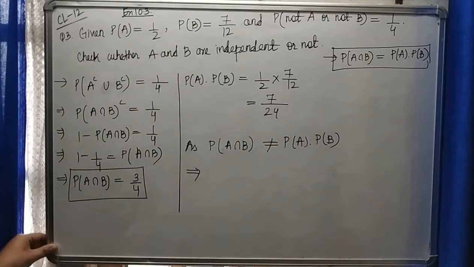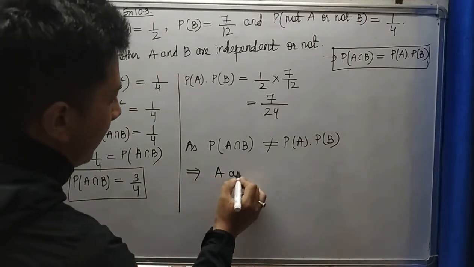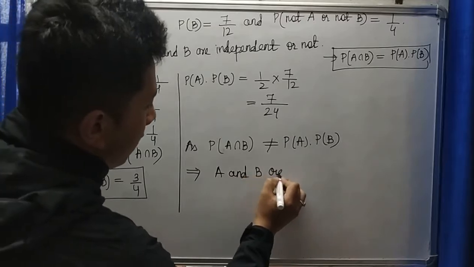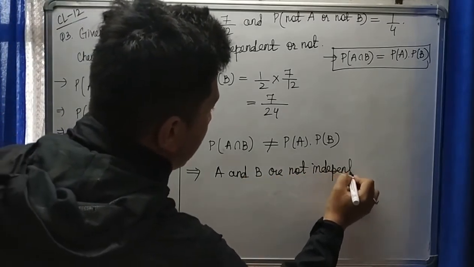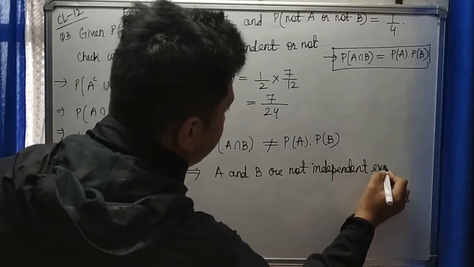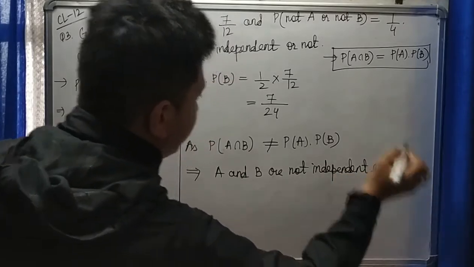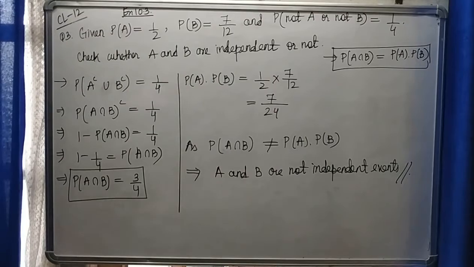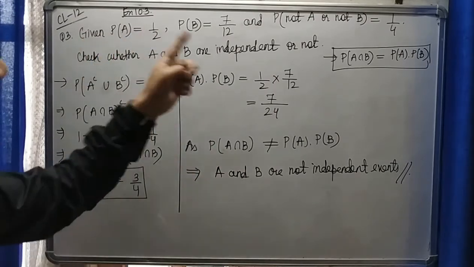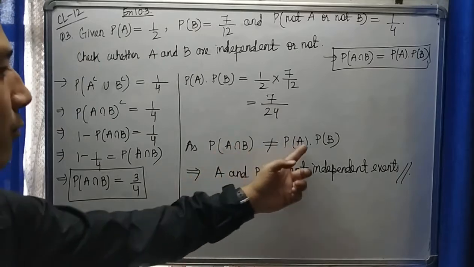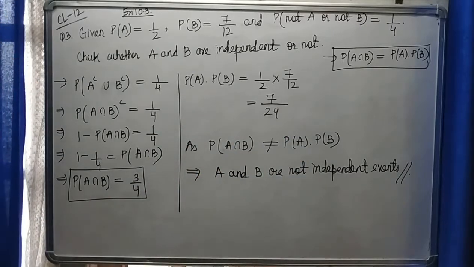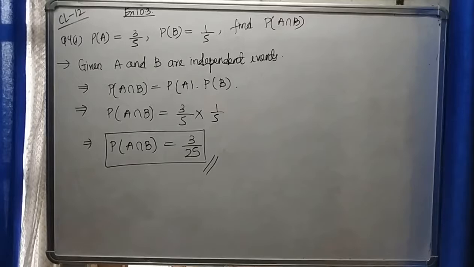It implies that A and B are not independent events. Am I clear with this, everyone? Very simple and very easy. If these two events are independent, then both of them have to be equal. So pause the video, note it down.